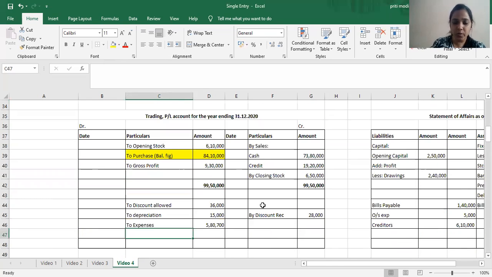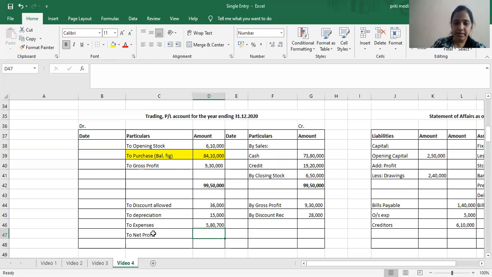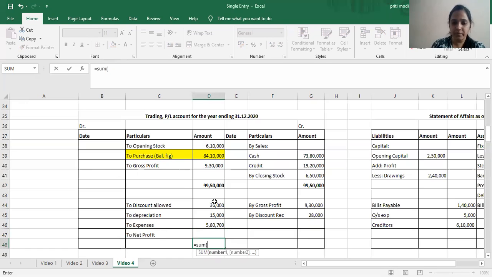GP, let's write it over here, by gross profit. Gross profit is 9,30,000, and now we can find our net profit. So let's find out how much is our profit.